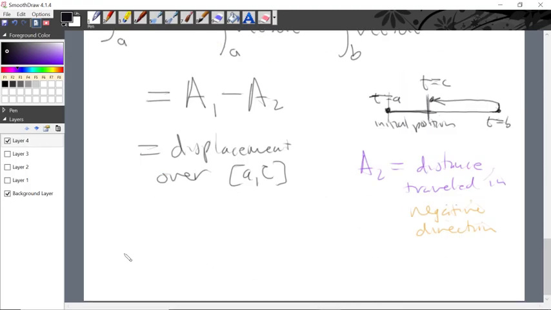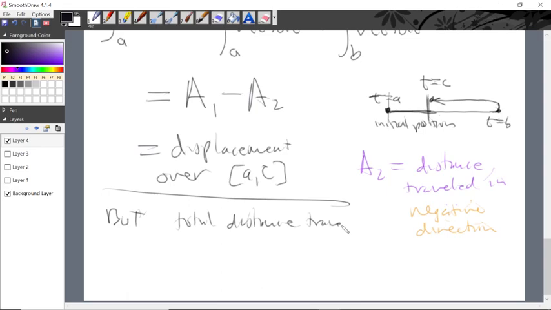What if we wanted to find distance traveled? What if we wanted the total distance traveled over the interval from a to c? How would we calculate that?